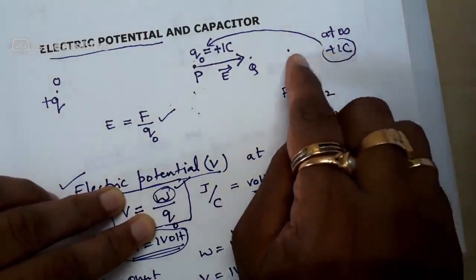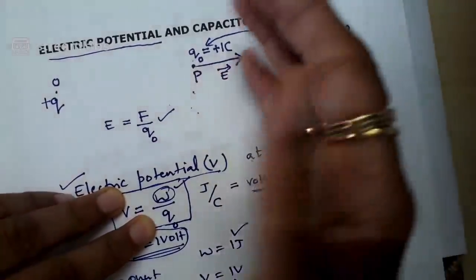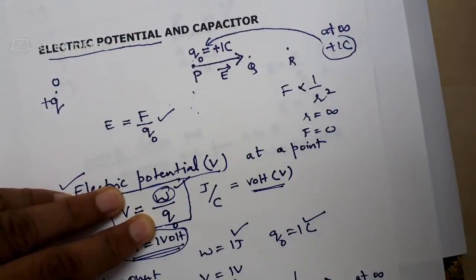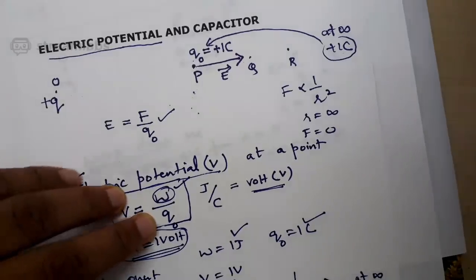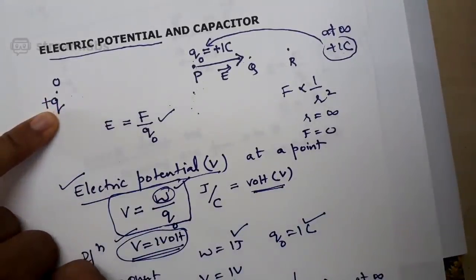When you keep on moving the plus 1 coulomb charge from infinity, bringing it closer and closer to the plus q charge, don't you think the plus 1 coulomb charge will experience a stronger and stronger force? Obviously. When the electrostatic force of repulsion increases, you have to increase the force you apply also. Keep in mind, I never mentioned this before when I introduced this topic because it was not necessary there.